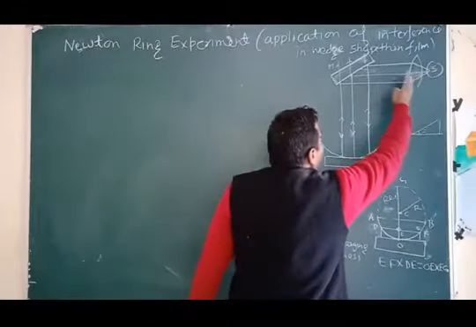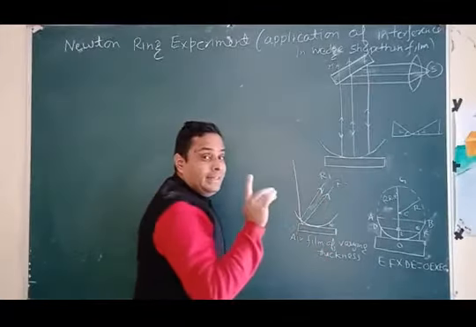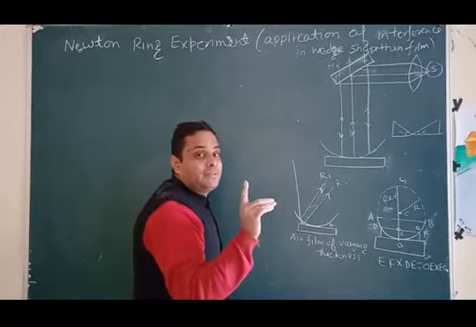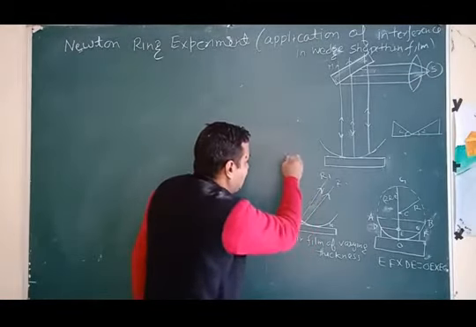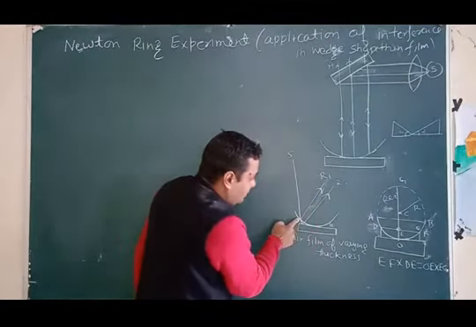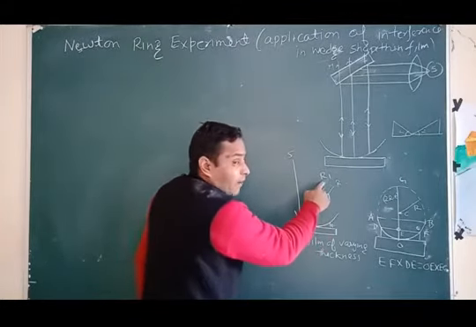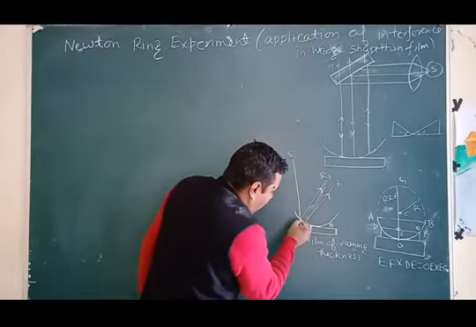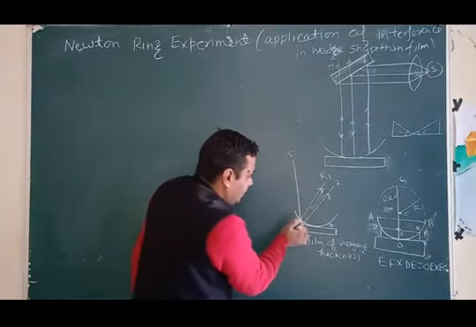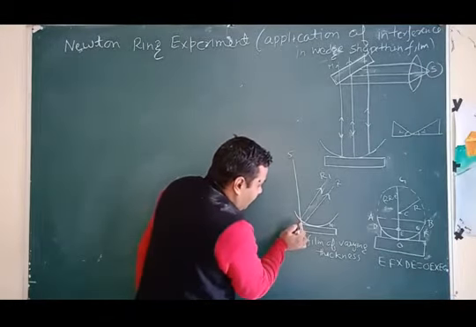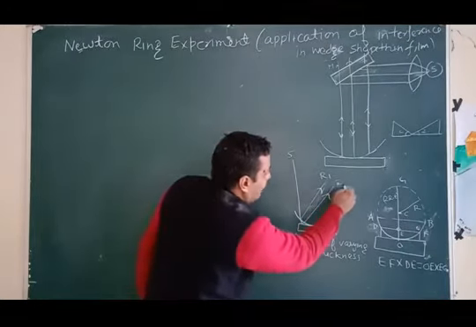When the light is incident on this air film, an extra path difference will be generated. For example, the source is S and the light is incident on this interface. The ray R1 is reflected, and some part is refracted and comes back from the lower surface, that is R2.